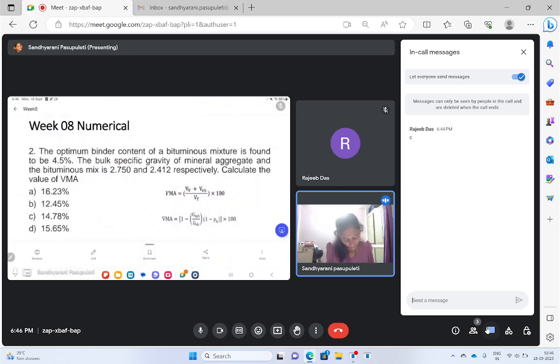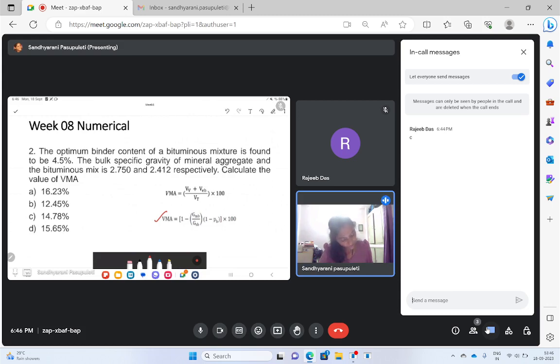If we substitute there, then VMA would be 1 minus GMB, which is 2.412, divided by 2.750, into 1 minus the percentage of bitumen, 4.5 divided by 100, into 100.